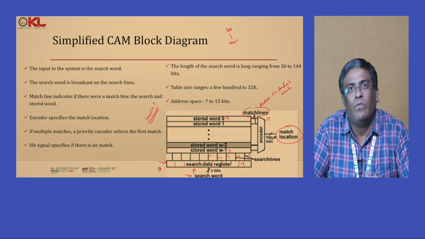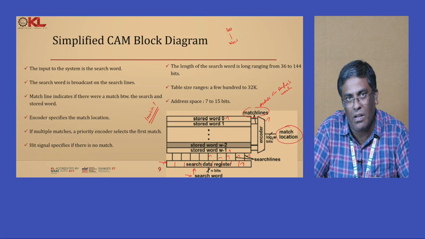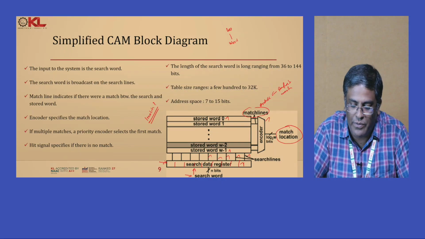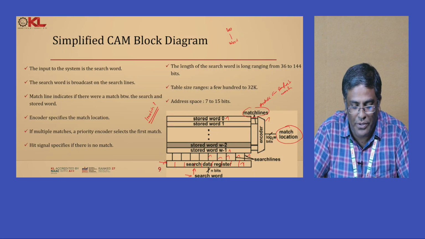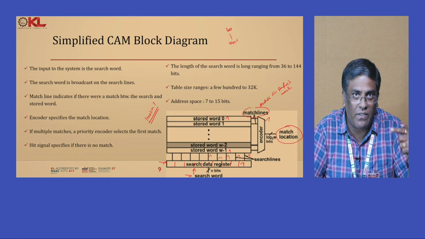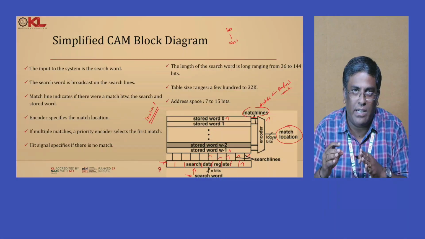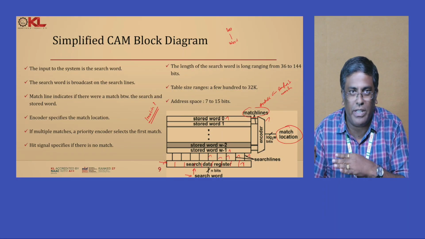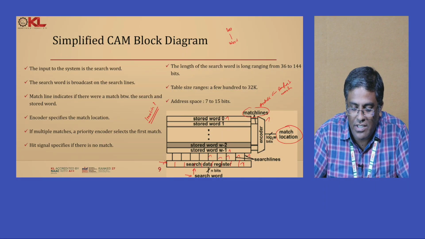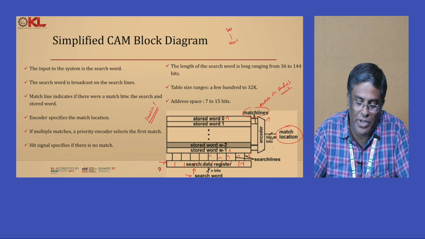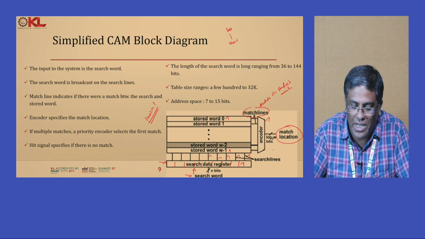It won't go for further searching even if another match is available anywhere inside your memory architecture, right? I hope you can understand. Once the first hit is identified, that particular address is encoded and the location is output, so that we save search time.